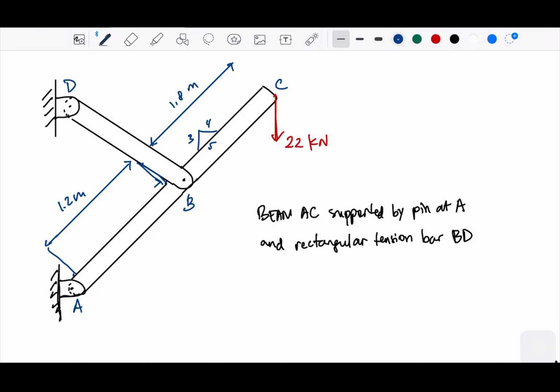And the pin A, I forgot to mention, is having this kind of connection. And then pin at B is having this kind of connection.